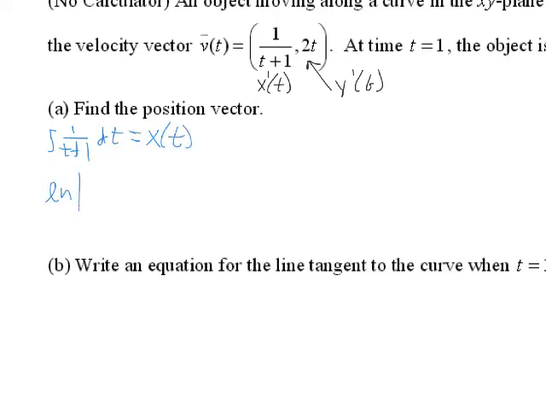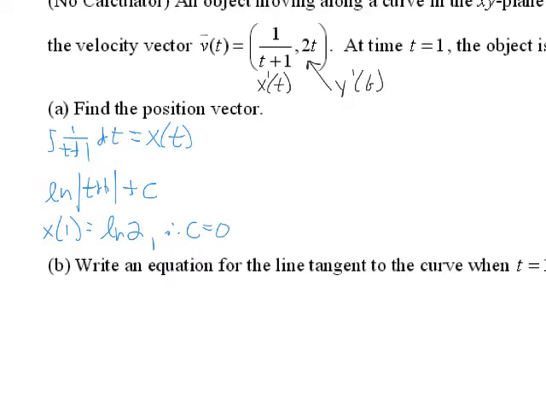So we get natural log of t plus 1 plus c. And at time 1, x of 1 is equal to, they tell us in the frame setup, its initial position is ln of 2. So therefore I can conclude that c is 0 in this case.